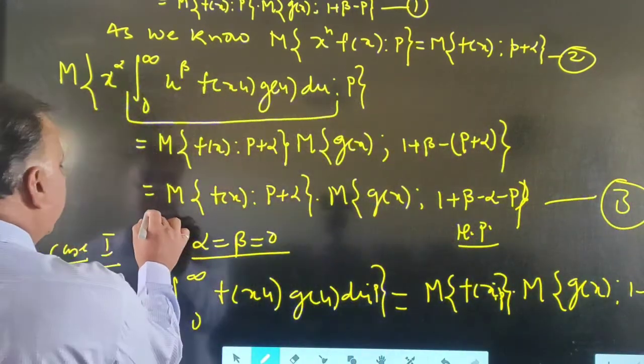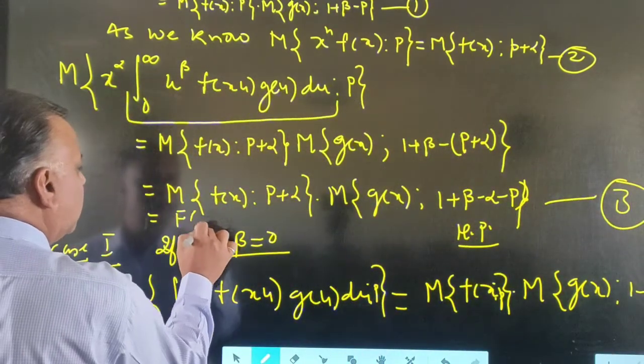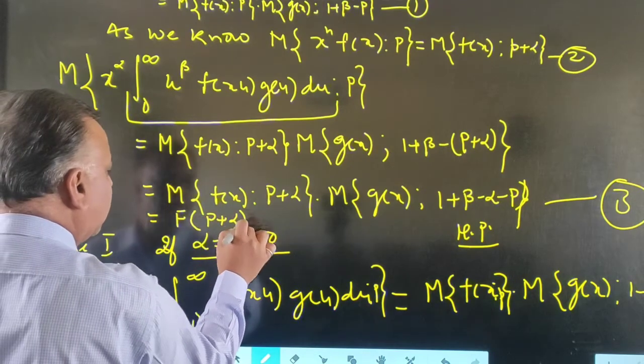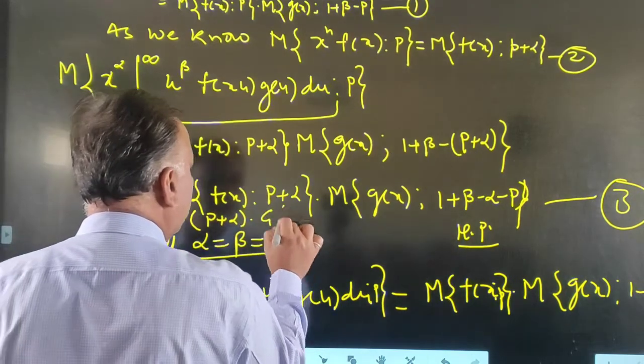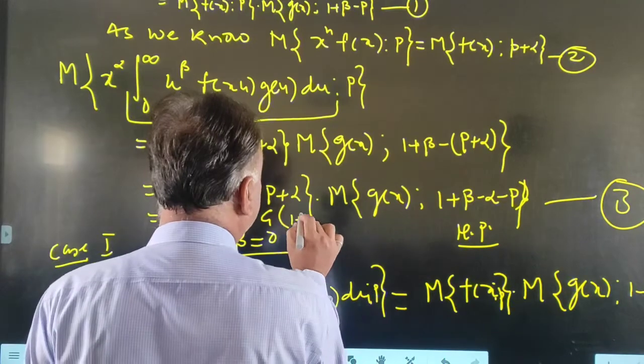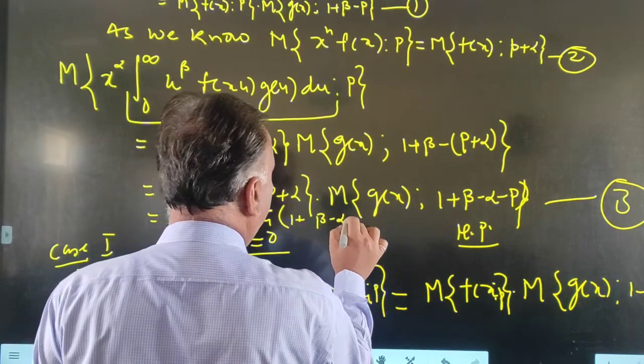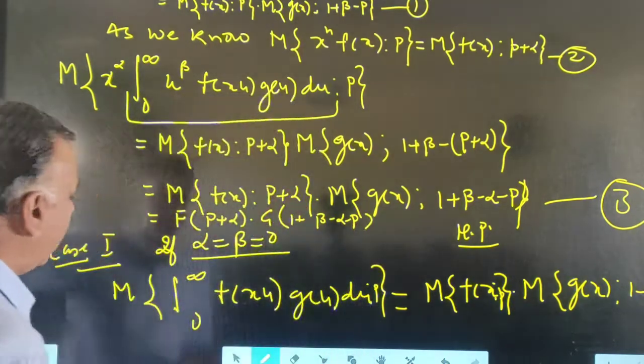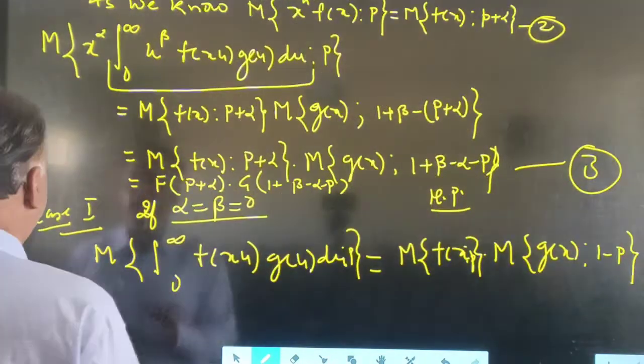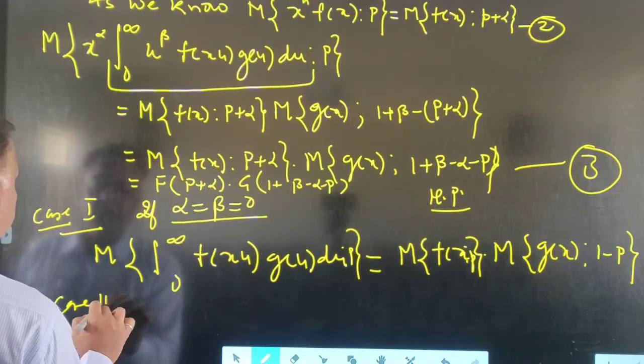This can also be written as f of p plus alpha multiplied by g of 1 plus beta minus alpha minus p.